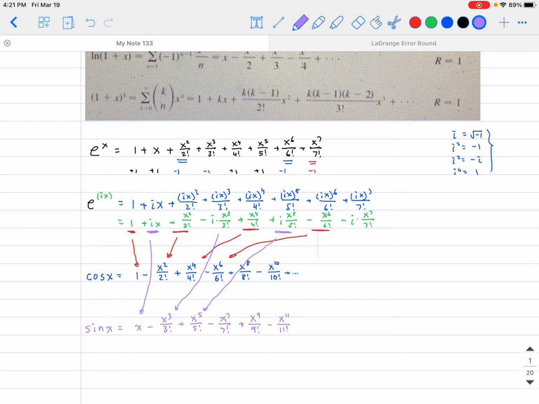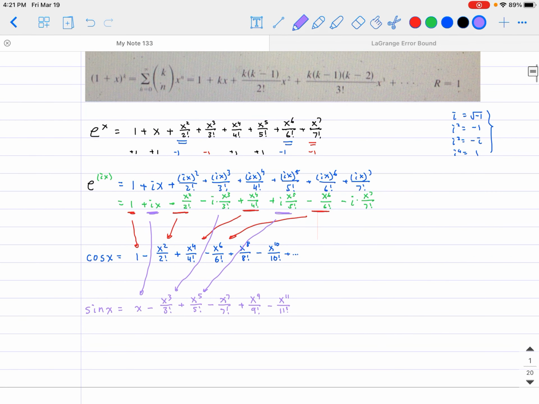So what I'm noticing is that it's going to be cosine of x plus i times sine of x. I'll repeat it one more time: cosine of x plus i times sine of x, because all the sine terms have an extra i in front. So what ends up happening is that e to the ix is equal to cosine of x plus i multiplied by sine of x. And right there, there's your relationship between all of them.